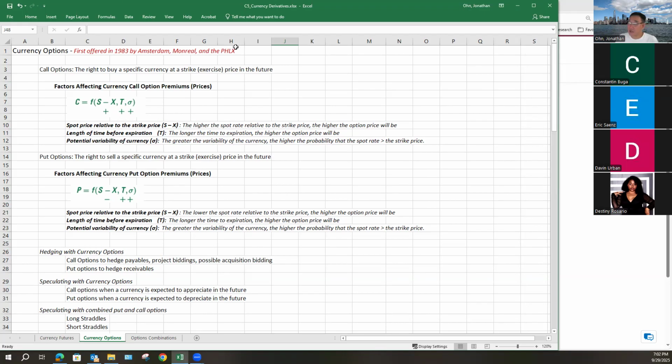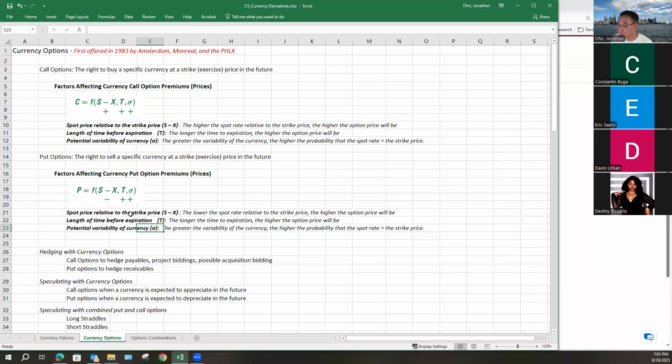Now the next option contract is called a put option. A put option is different. The first one is the right to buy. This one is the right to sell a specific currency at the strike price in the future. So the factors in this case, the second, time to maturity, and potential variability stay the same.